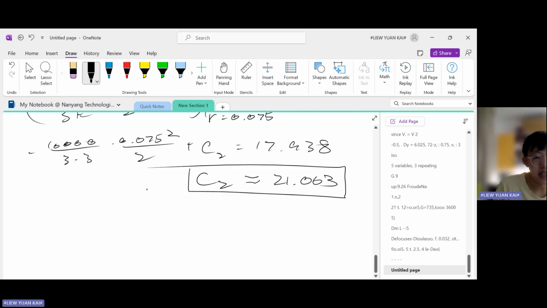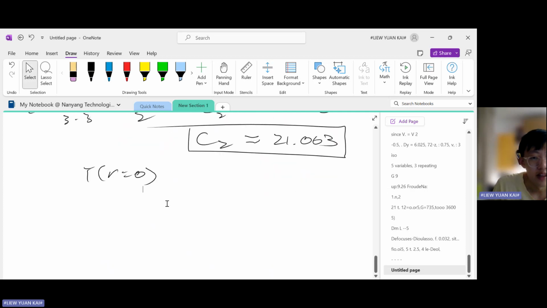Don't forget, our objective is to find the center temperature of the sphere. So we need to evaluate this. You take the temperature function that you've already obtained: negative E gen over 3K multiplied by R squared over 2 plus C2.